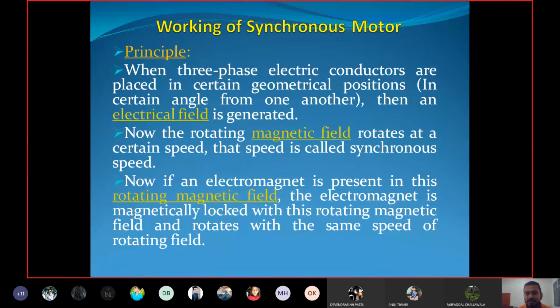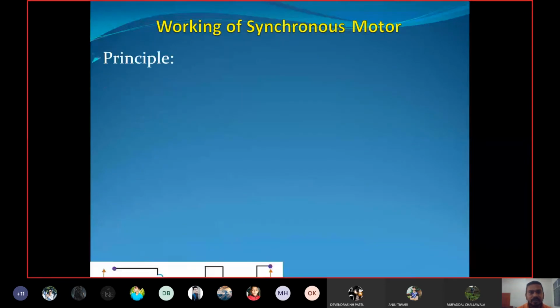When we put it there, magnetic locking occurs between the rotating magnetic field and the electromagnet, and due to this magnetic locking, this electromagnet also rotates with the same speed as the rotating magnetic field. So the electromagnet will also rotate at synchronous speed. On this principle the synchronous motor works.